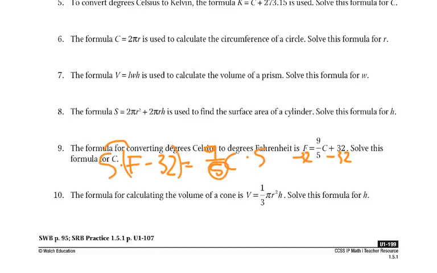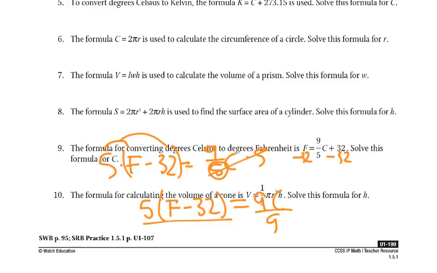So that would times by both pieces. So we could leave it like this, which is probably the way they normally leave it. It's just 5 times F minus 32 equals 9C, because those cancel. Divide by 9, we'd end up with 5/9 times F minus 32 equals C.